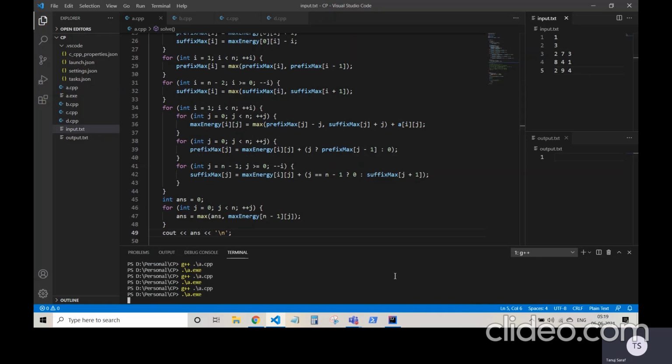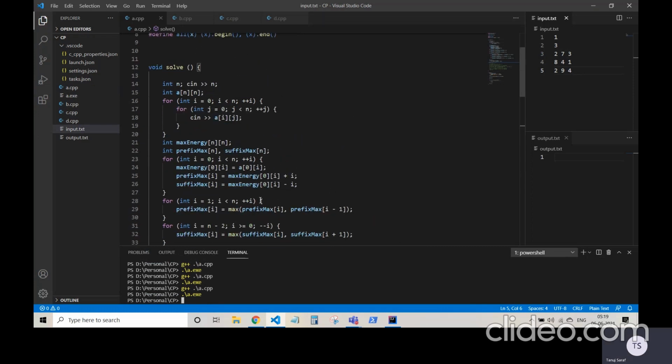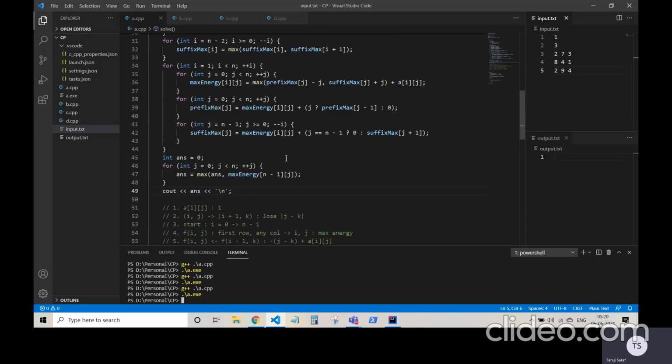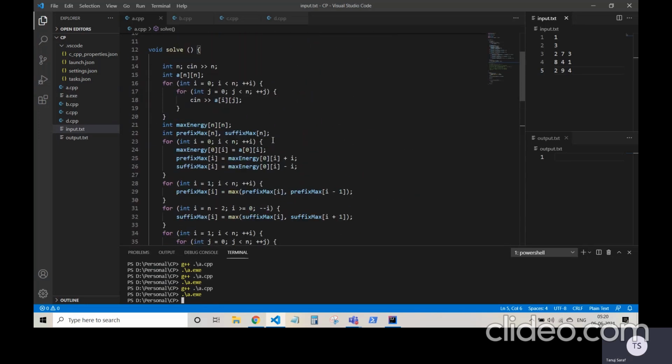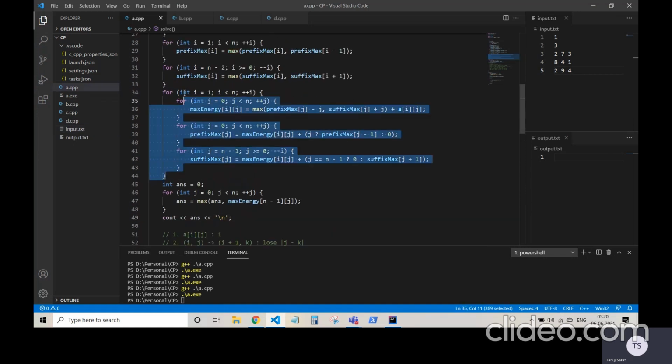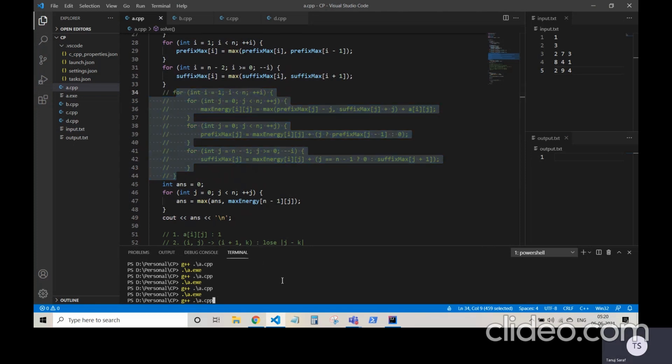Let's see. Okay, we have some issue over here. Did I take test cases into account? Okay, I've taken the test cases, and suffix I plus 1. Okay, let's run.